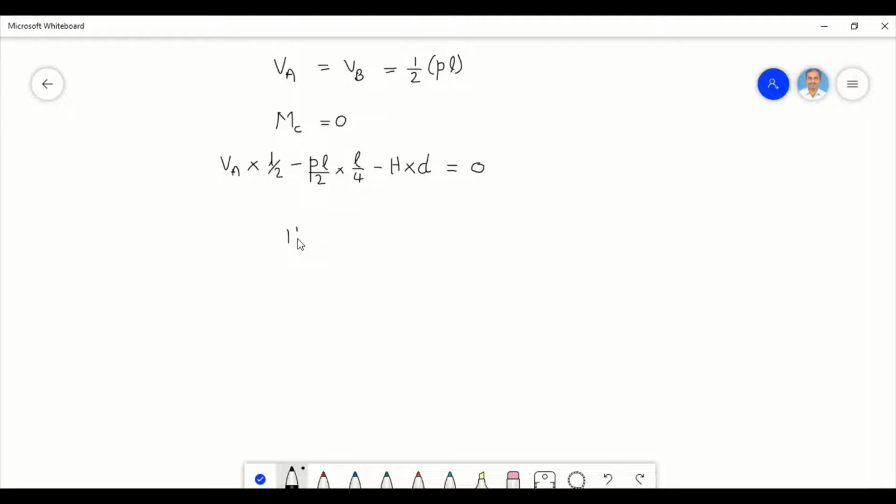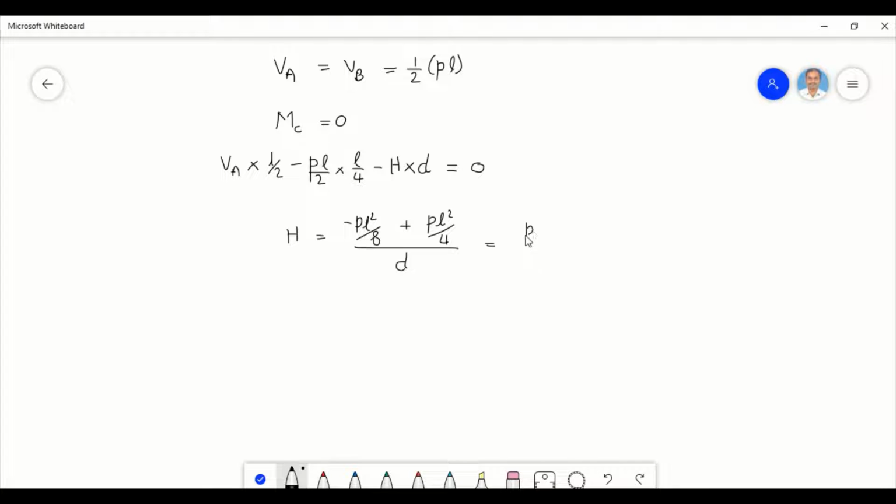So we can write H is equal to PL square divided by 8 minus the value of VA, which is PL by 2, so it will be PL square by 4, minus PL square by 4, whole divided by d, which is the coefficient of H. And we have a minus sign for this H, so this will become minus and this will become plus.